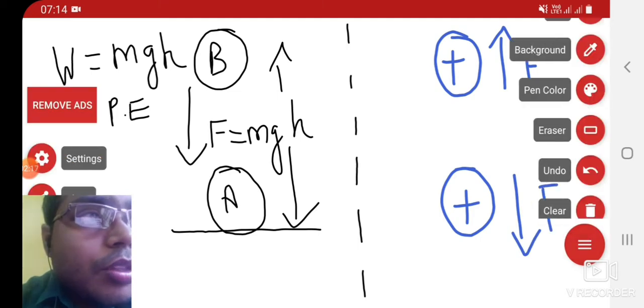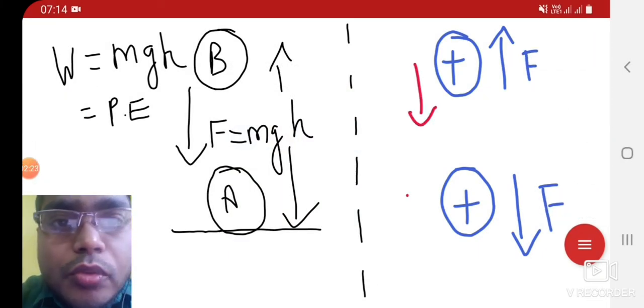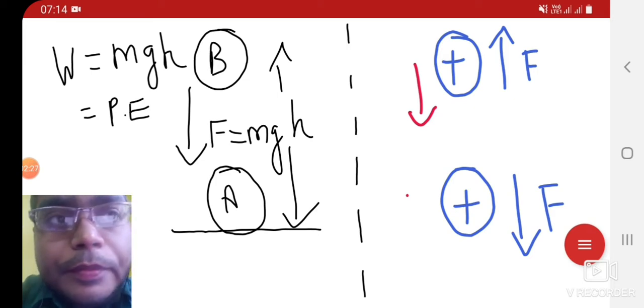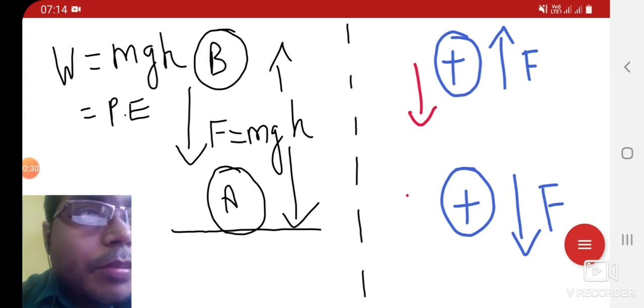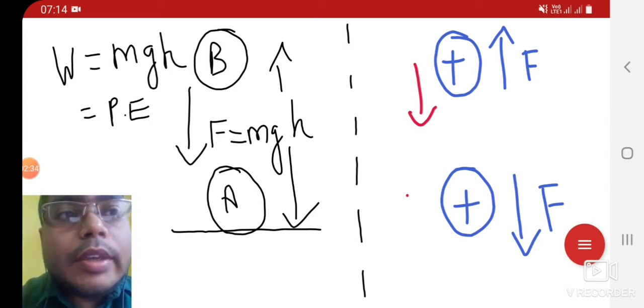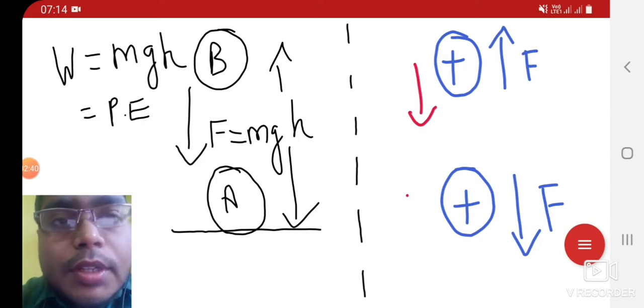But suppose we want to bring the charges closer to one another, then we have to do a certain amount of work against the force of repulsion. This work will be stored inside the system as its potential energy. It is very similar to the previous example of the object which is taken to a height.